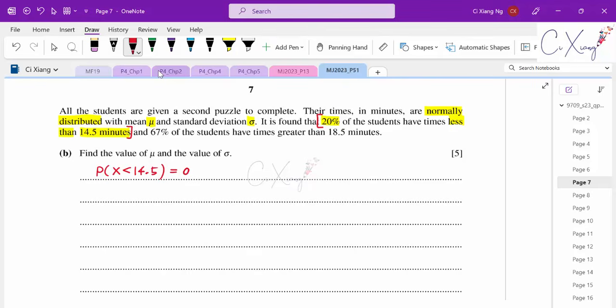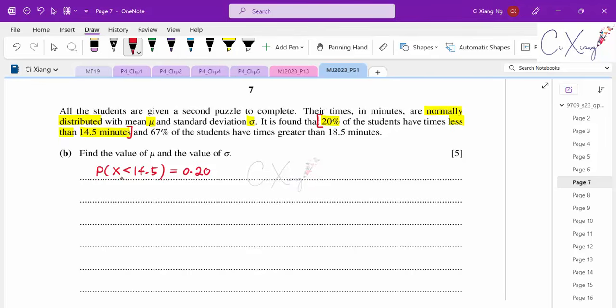So 20%, if I convert it into a probability, it will be 0.20. So this particular sentence, in red color bracket, I can convert it into a symbol in this way.